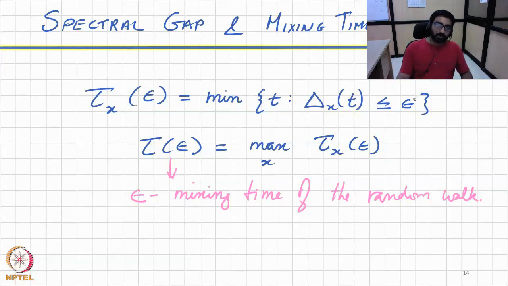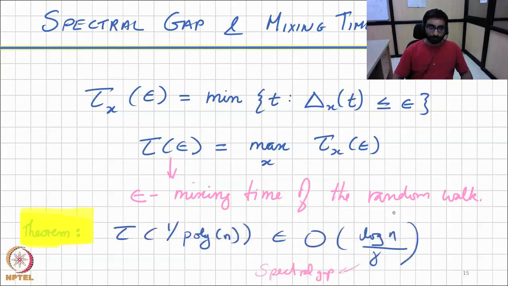This is with respect to a particular starting location. When we want this to be agnostic to the starting location, we consider the parameter tau of epsilon, which is the maximum over all possible starting locations x of tau_x of epsilon, the worst case over all starting locations. This parameter is called the epsilon mixing time of the random walk.